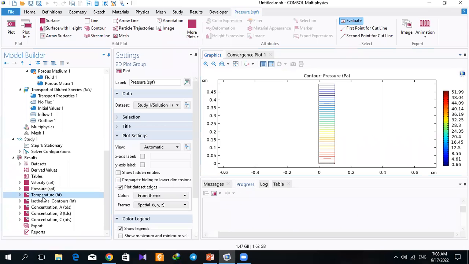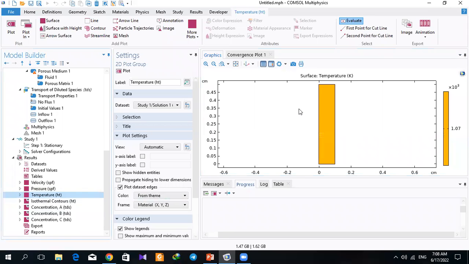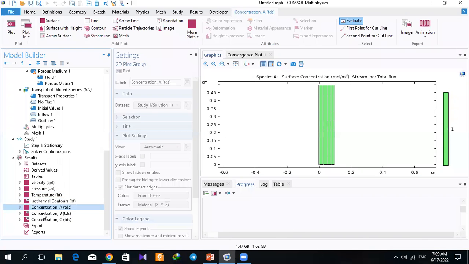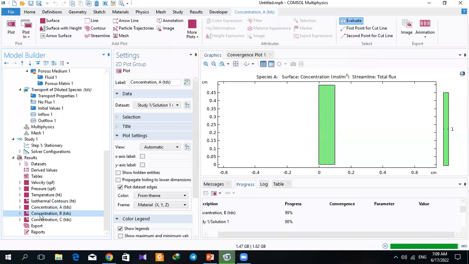Here is the temperature profile, and you can see it reached the temperature of the wall, since it's stationary and there is no change. And this is the concentration profile, but since we don't have any reaction, they are not changing.